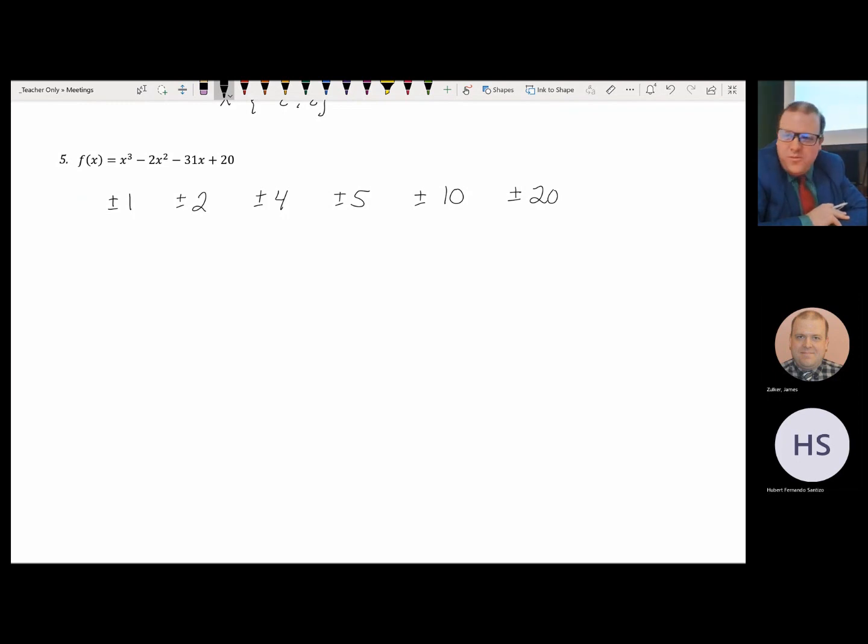So this is again one where, for the sake of time, I'm just going to make a really lucky guess. Oh, I didn't do the positives or negatives. Whatever. It's a cubic, so it's not really going to be helpful.